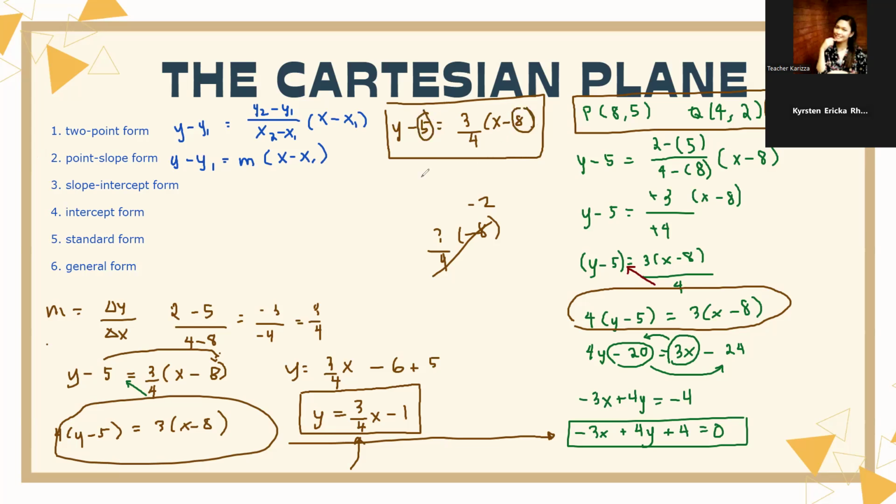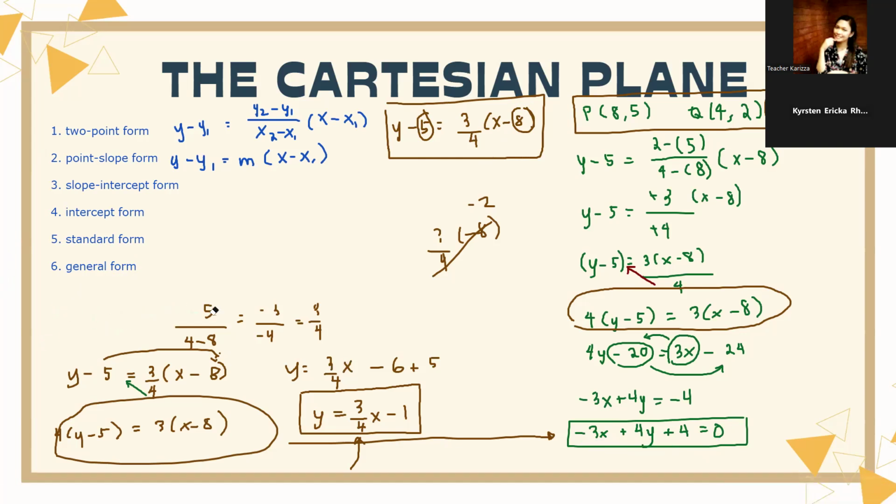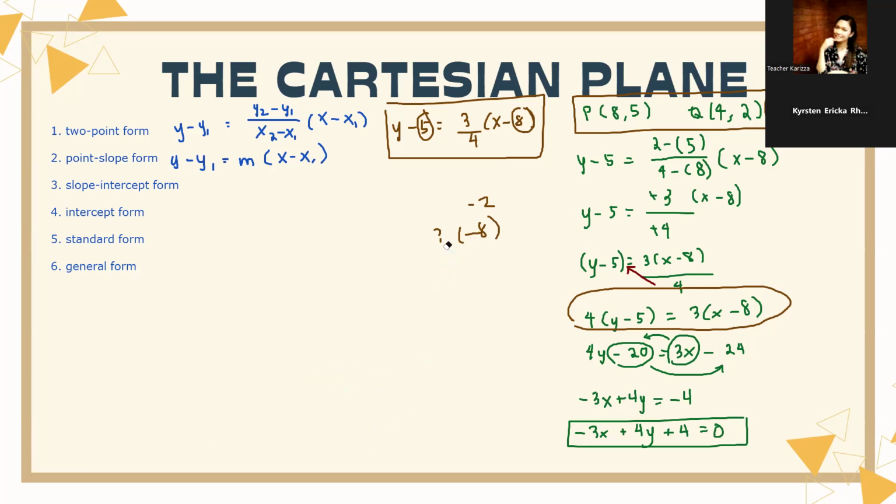So makikita mo agad yung first coordinate just by looking at the form of the equation. Okay? But regardless, kapag sinimplify mo yung different forms mo, you will always arrive at the same equation. Okay? Any questions? We're good? Everything clear? You're still there? Opo.